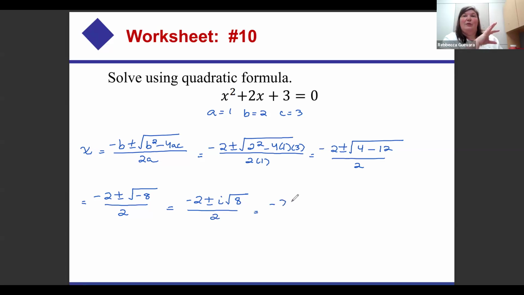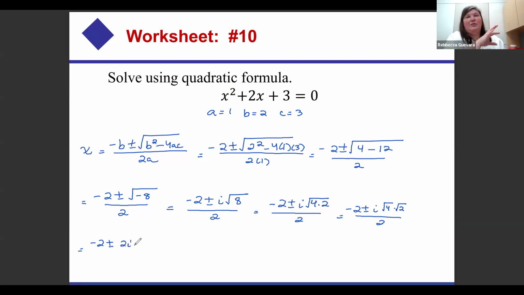Now we're going to simplify that 8. So remember, 8 is just 4 times 2. So 4 is a perfect square. So that's square root of 4 times square root of 2, all this over 2. Negative 2 plus or minus 2i square root of 2 over 2.